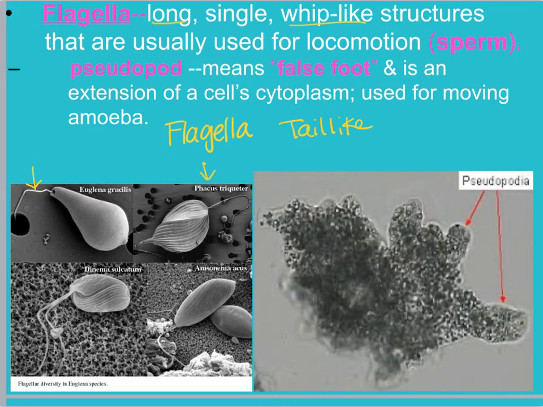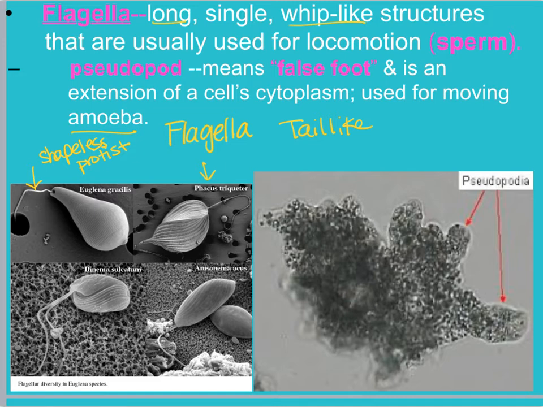And then you have pseudopods. Now, pseudopods are really cool. So pseudopods are typically in an amoeba. Amoeba is basically known as a shapeless blob, pretty much. They are a shapeless animal-like protist. So they're a protist. They're unicellular usually, and a lot of the times they live in water.